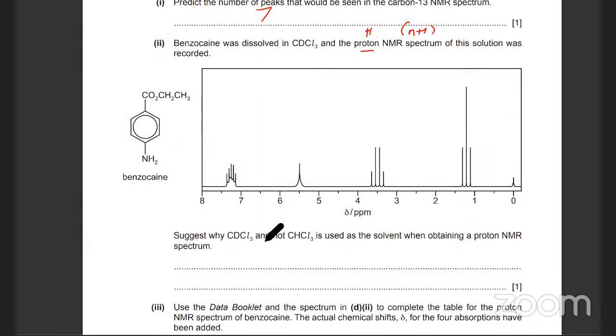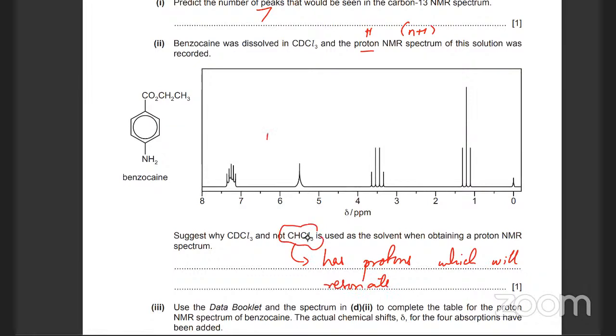So suggest why CDCl3 and not CHCl3 is used as a solvent. Because CHCl3 has protons in it, which will resonate. So if you use this as a solvent, you're going to get some additional peaks because of that, and you don't want that.